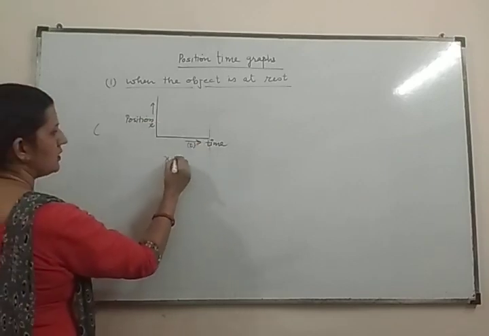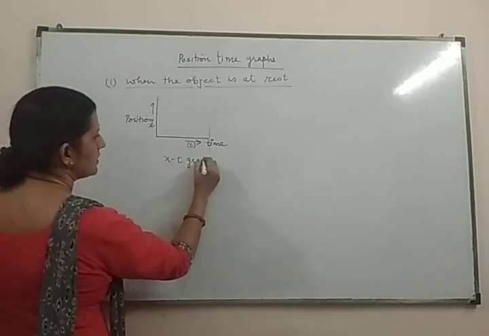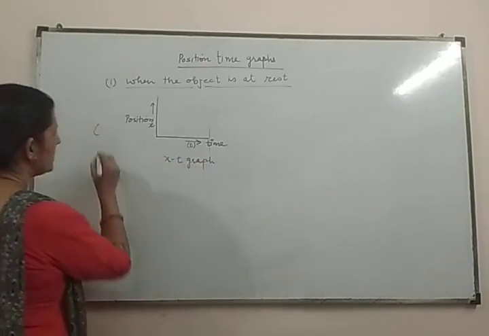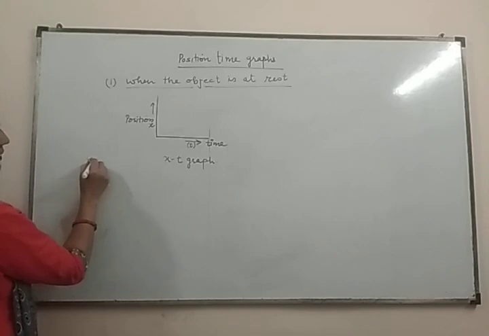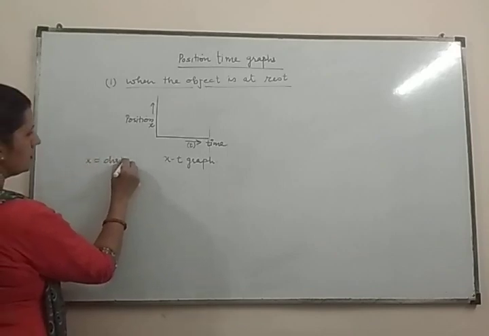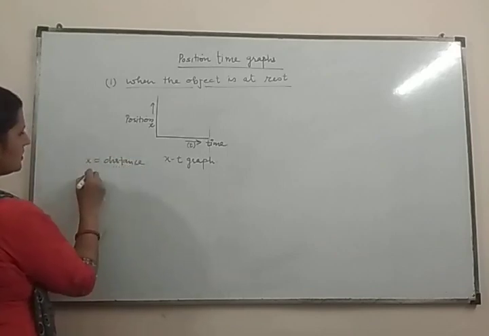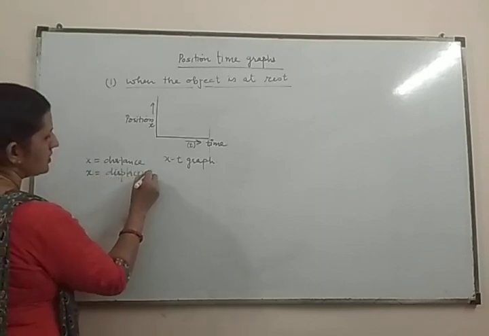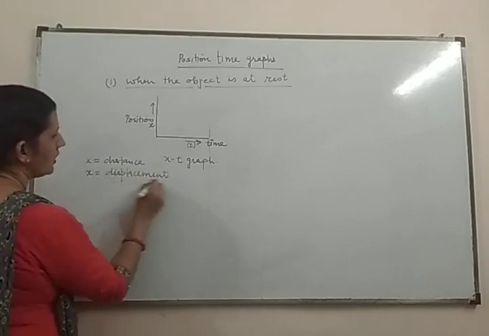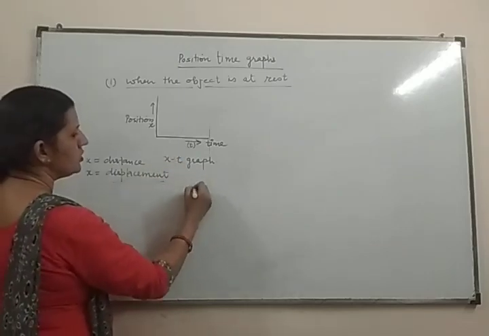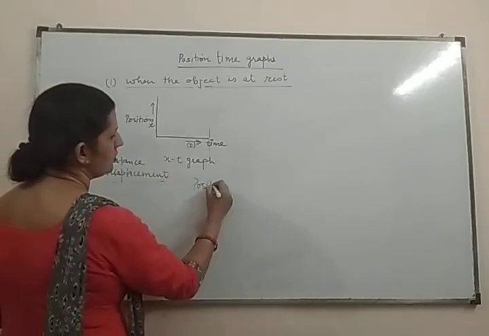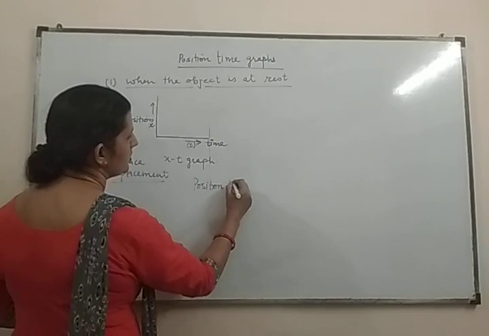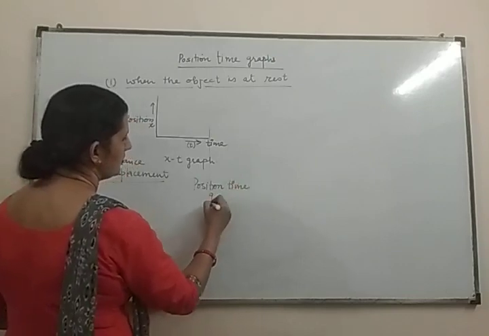That's why this is known as the XT graph. This x may be distance and this x may be displacement. That's why we call it position, and that's why we call the graph the position-time graph.